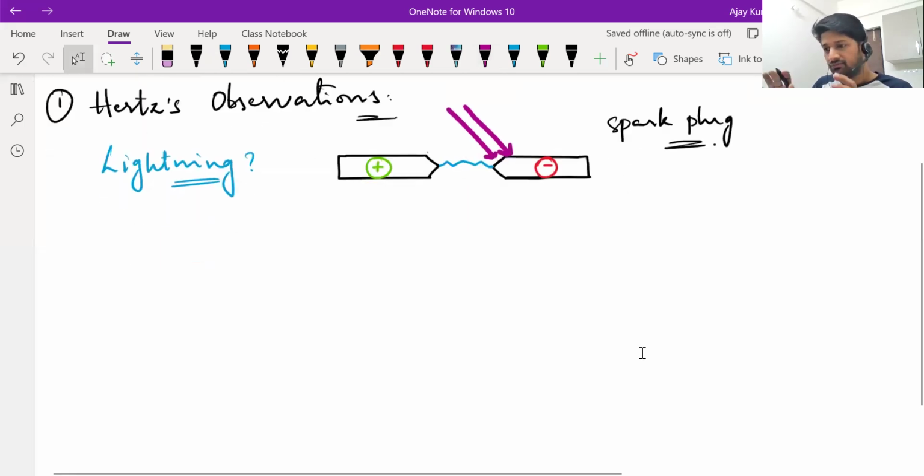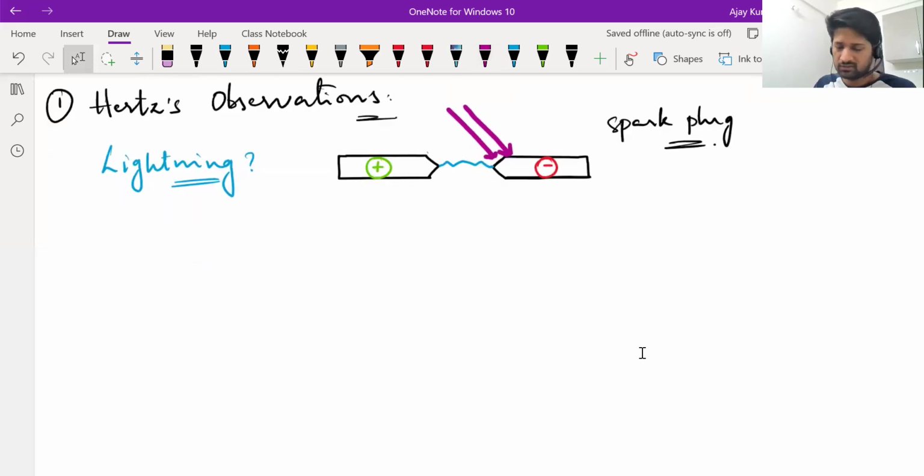Now, when will an electron jump out from an electrode? See, here what is happening is electrons are getting transferred from the negative electrode to the positive electrode when there is sufficient potential difference between them. Basically, when you create a potential difference, you are creating a very strong electric field, and you know electric field will exert forces on the charged particles.